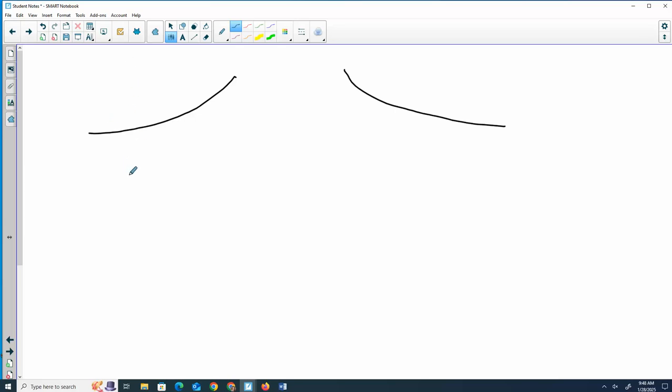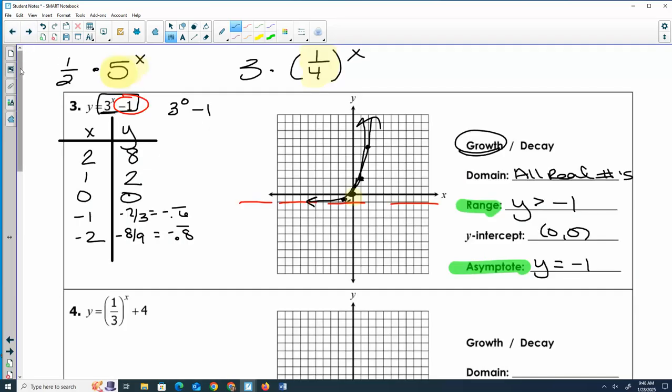And we talked about exponential growth versus decay. What makes something grow? If it's going up, this is growth. It's getting larger. This one is decay. And we can decide that just looking at the problem by the base, the thing in front of the x. So here we had 3 to the x.